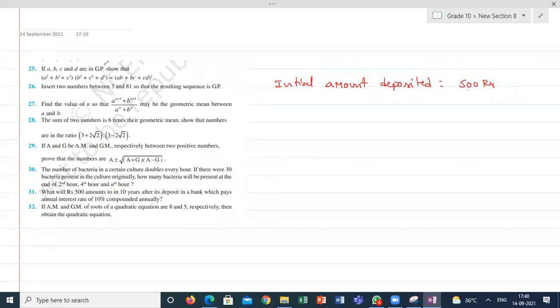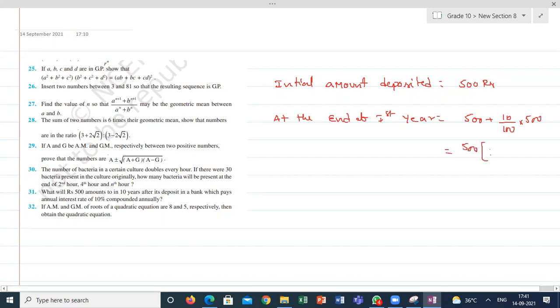After the first year, the amount at the end of the first year will be 500 plus the interest accumulated on 500. 10% of 500 means how much? 10 by 100 into 500. So this will be 500 into 1 plus 1 by 10.